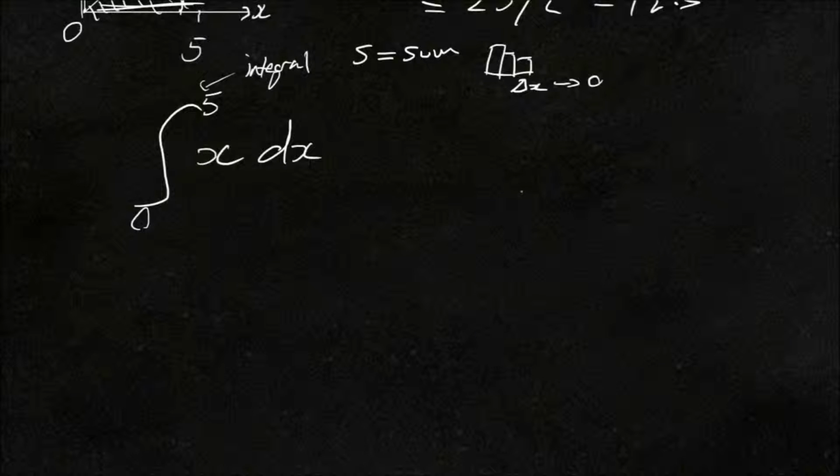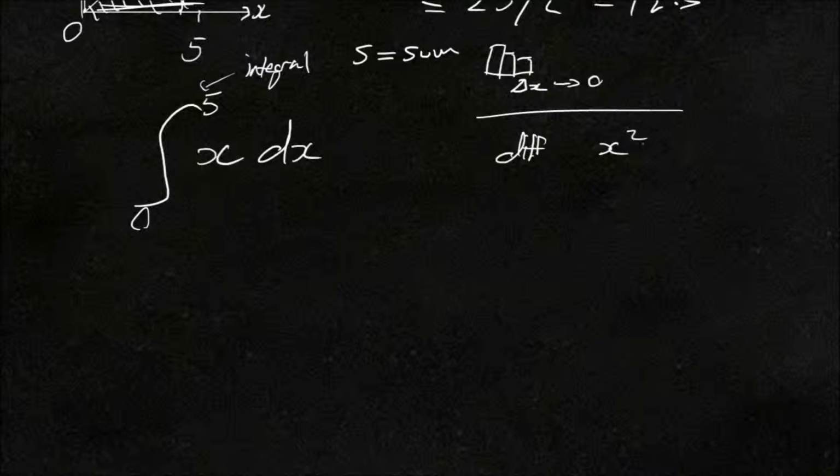But how do you actually integrate something? Well, you might remember that I said that integration is the opposite of differentiation. So if you look at the differentiation of x squared, for example, what we do is we bring it down to the front, our index, and then we minus 1 from it. So we've got our 2 out the front, times by x to the power of 2 minus 1, which is 1, so that's just 2x.